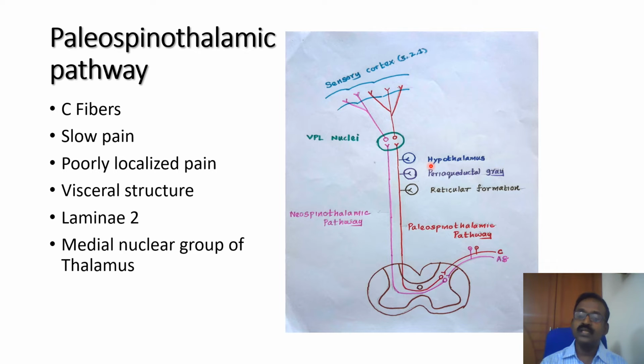So slow pain keeps the person in the awake state due to the connection with the reticular formation. It gives autonomic effects, producing sympathetic overactivity and autonomic imbalance due to the connections with the hypothalamus. It also gives emotional experiences because of the connections with the limbic cortex.